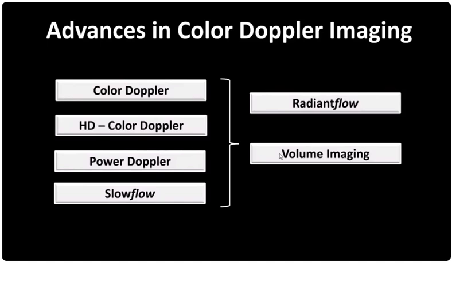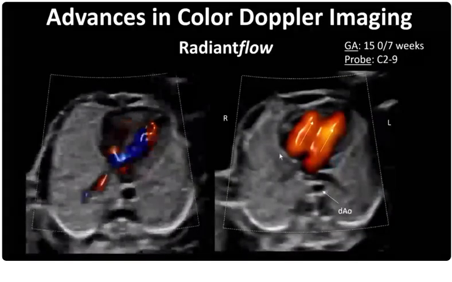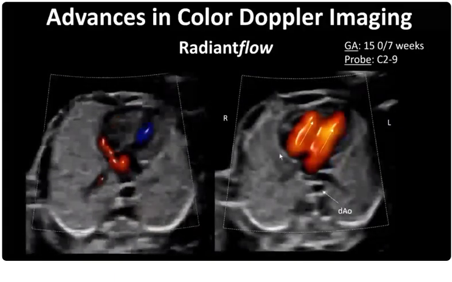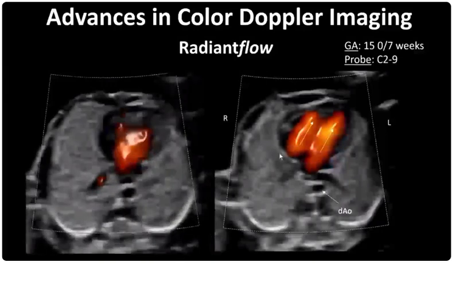All of those color Doppler modalities can be used with radiant flow, for the 3D appearance of the 2D image, or in volume imaging. This is an example of how radiant flow can help to visualize the blood flow in the fetal heart as early as 15 weeks gestation using the regular convex probe.